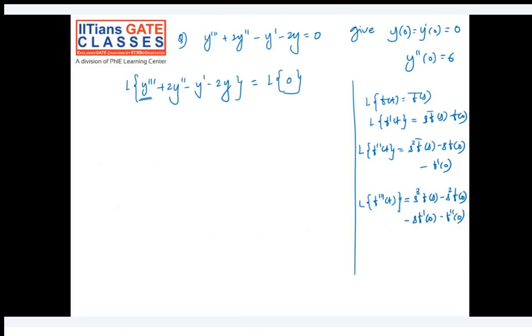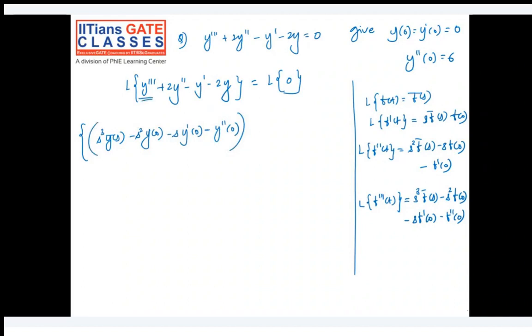Rather than writing f of t, they are writing y, so I will use the same nomenclature here. The Laplace transform of y triple dash is s cube y bar of s minus s square y of 0 minus s y dash of 0 minus y double dash of 0. This is for the first term, y triple dash.